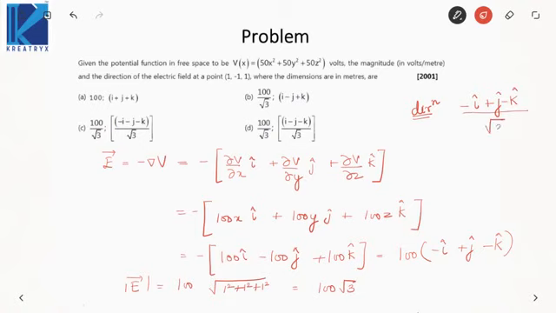Unit vector will be divided by root 3, so minus i plus j minus k, which means the answer, I think, is not given in any of the options. So it will not match any of the options. The answer would be direction is minus i plus j minus k by root 3 and the magnitude will be 100 root 3.